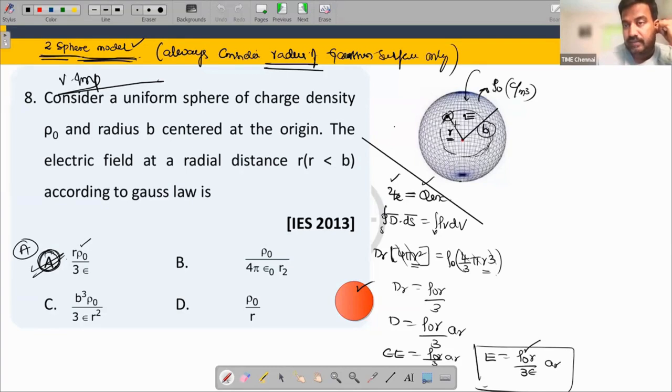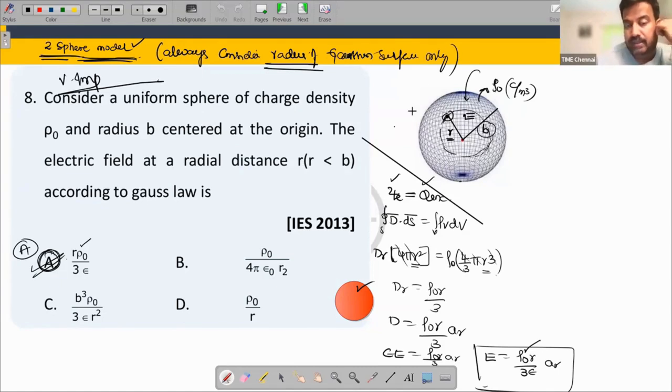Yeah. Any doubts? Please respond in the chat box. Chatrik, Bhumika, Joy. Clear? Okay. Tanushree, clear?